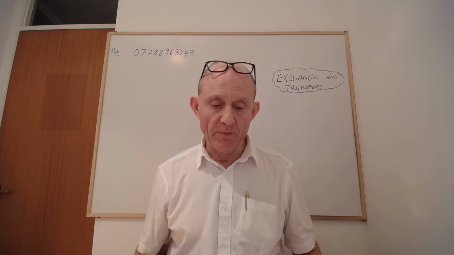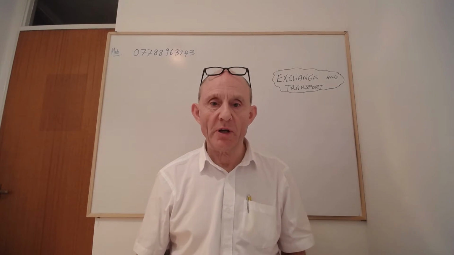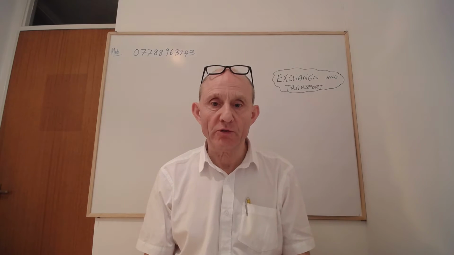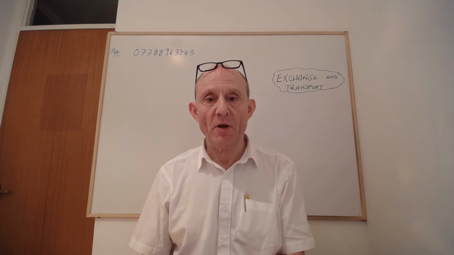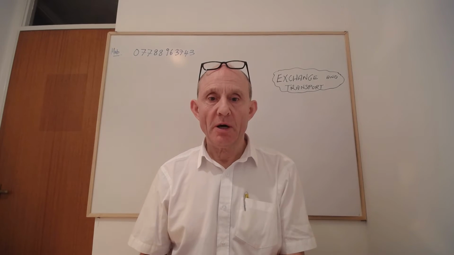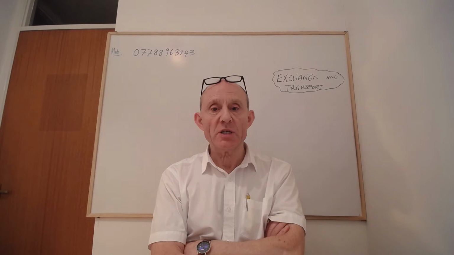So now over the page, we're going to talk about gas exchange. We're going to concentrate purely on the idea of gases and the movement of gases across surfaces, which is described by something called Fick's law, F-I-C-K-S.